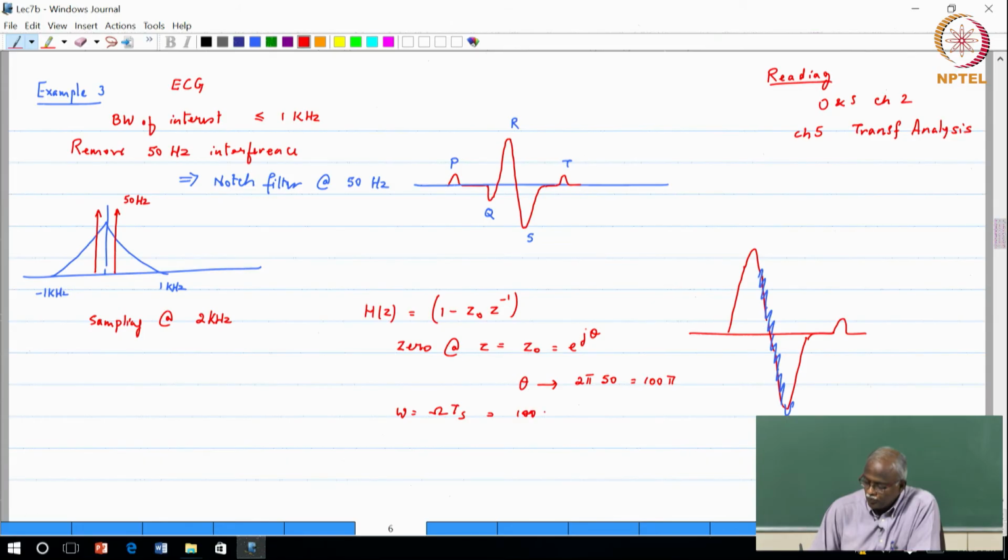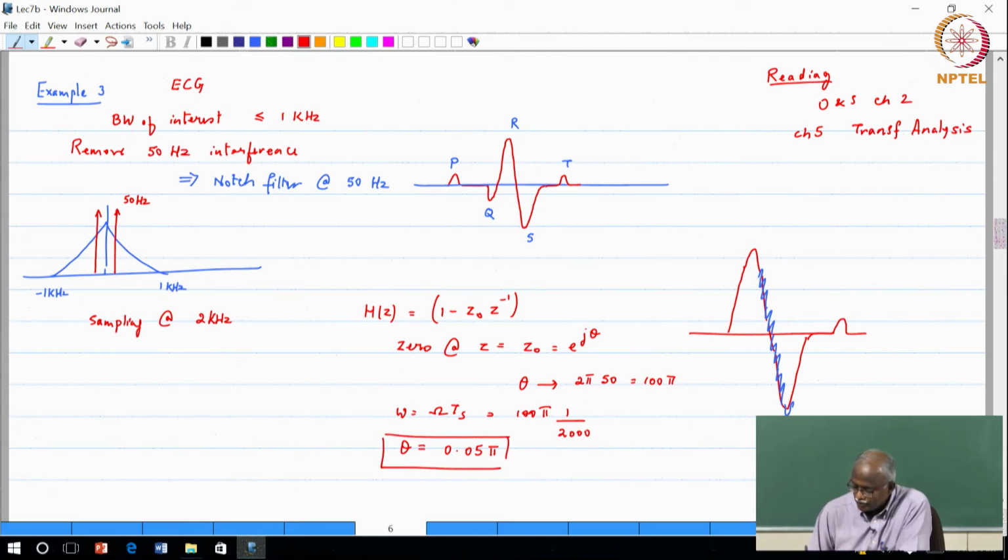So, that would be 100 pi times the sampling period, which is 1 by 2000. So, in the discrete time this basically says that theta must be at 0.05 pi, so pi by 20.